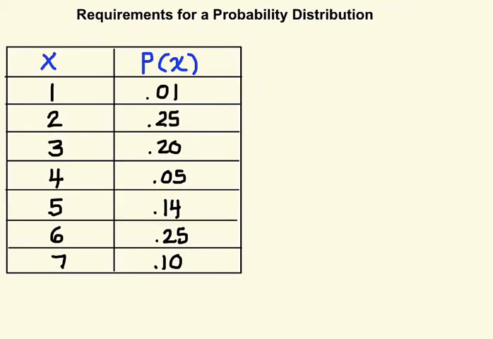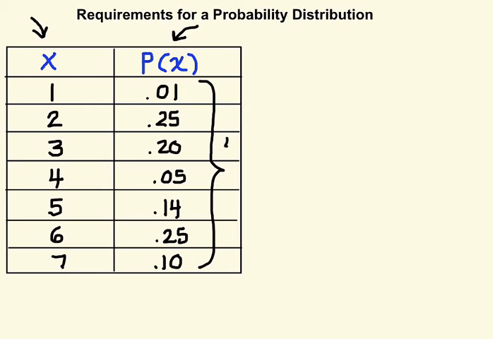Let's take a look at this probability distribution, where my left column represents my random variable, and my right column represents the probability of each random variable. Is this a valid probability distribution? Well, if you look at each one of these values for probability, they're all between 0 and 1.